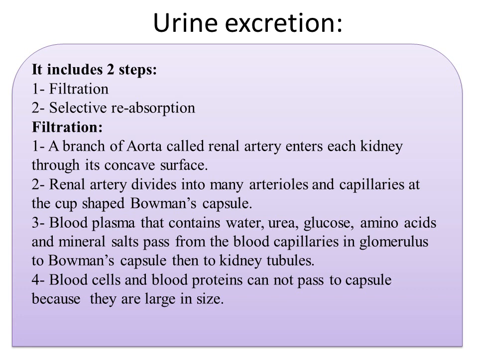Then the blood plasma that contains water, urea, glucose, amino acids, and mineral salts passes from the blood capillaries in the glomerulus to Bowman's capsule, then to the kidney tubules. This is the filtration process.